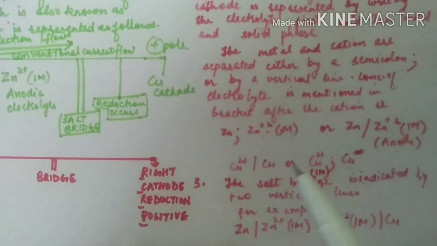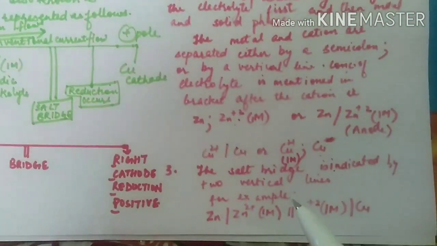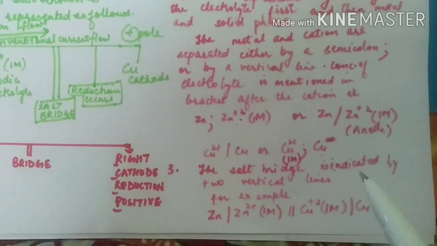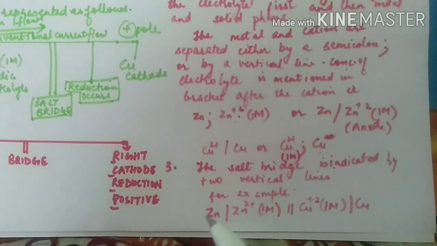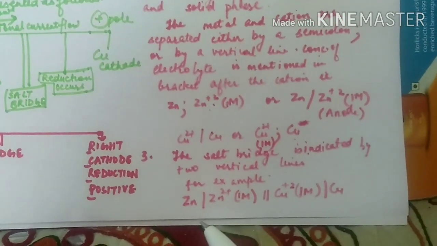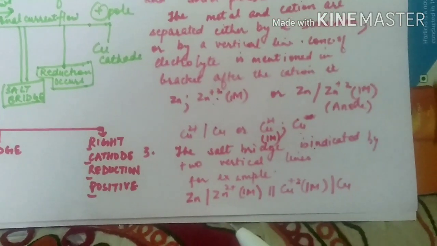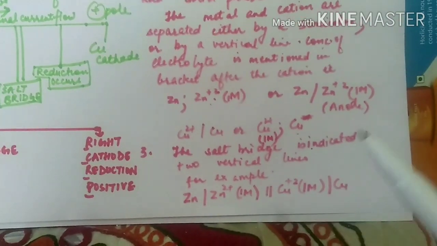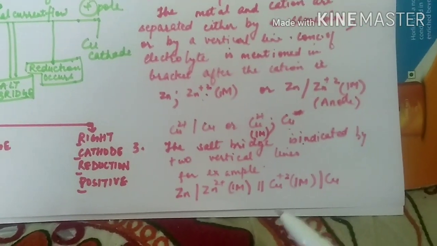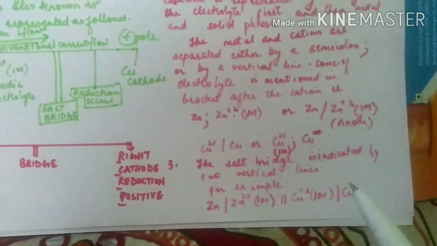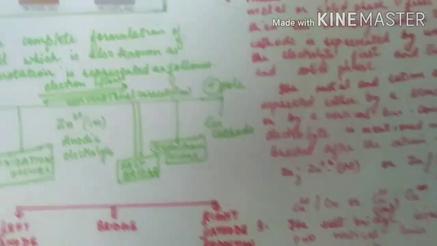The salt bridge is indicated by putting two vertical lines between the anode and the cathode. Overall method is writing the metal electrode, then vertical line, metal ions, then salt bridge, then metal ions of the reduction half cell, and vertical line and metal of the cathode.